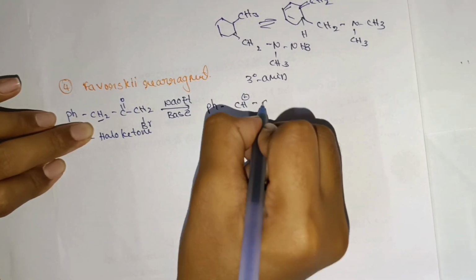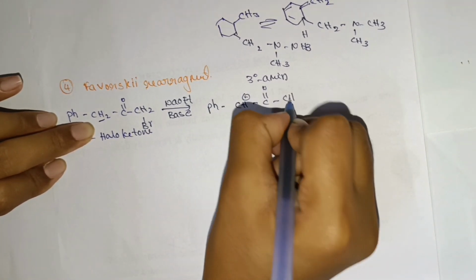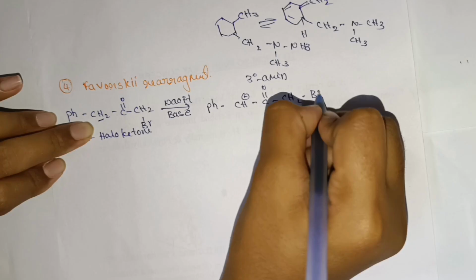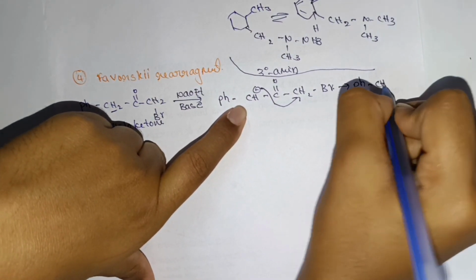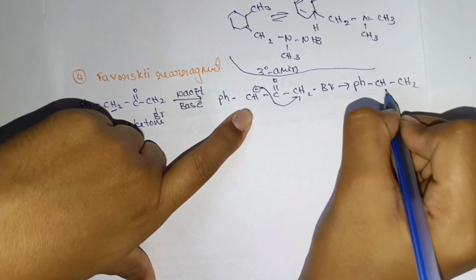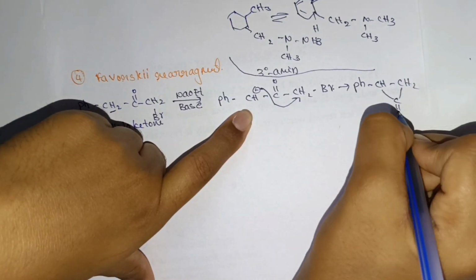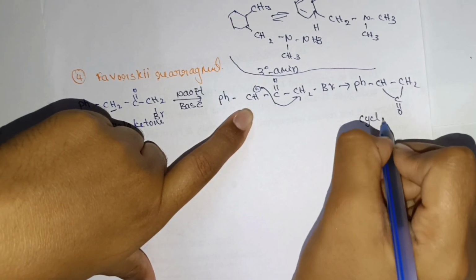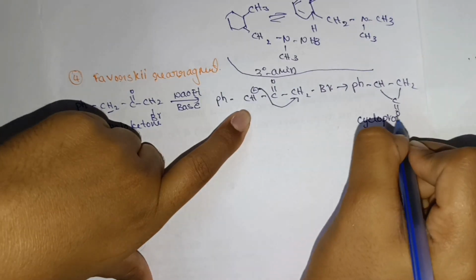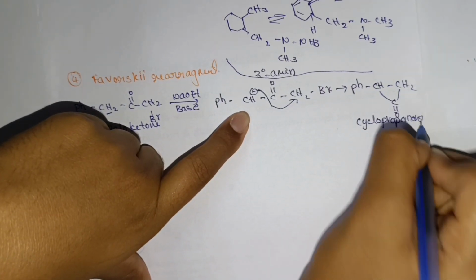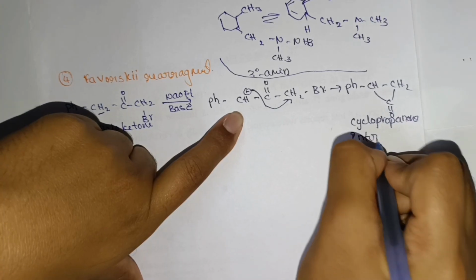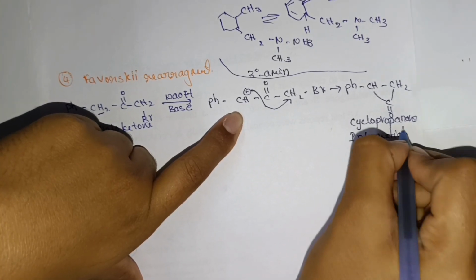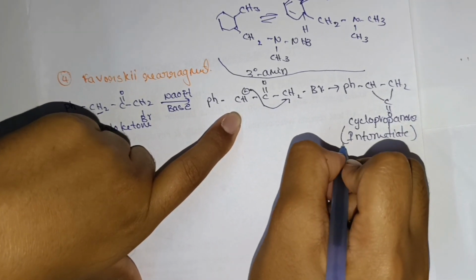It forms phenyl, here a negative charge is there. This negative charge migrates here. So finally it forms phenyl CH2, here C double bond O. This is cyclopropanone. This is the intermediate for Favorskii rearrangement.